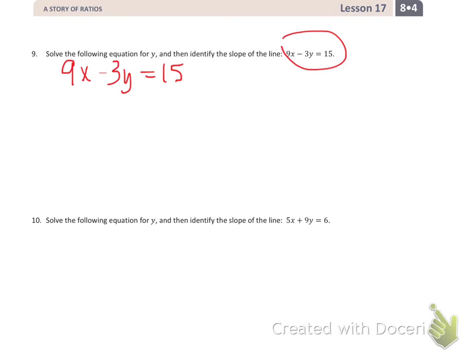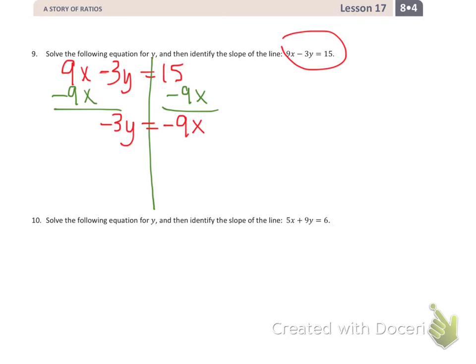And so my goal is to get y by itself. So I'm first going to subtract 9x from both sides. Or really I could think of this as adding a negative 9x, either way. That leaves me with a negative 3y on the left-hand side of that equation, and then I've got negative 9x plus 15.